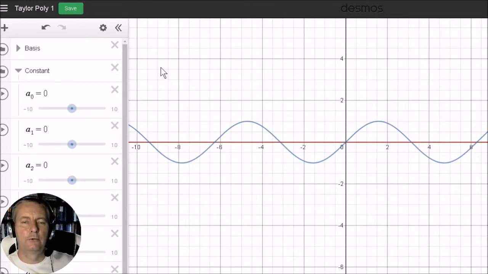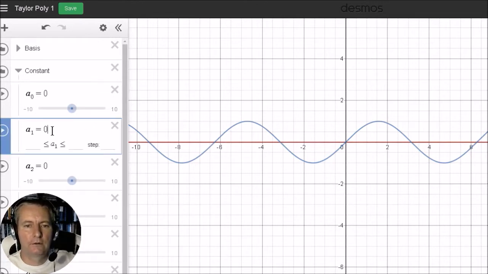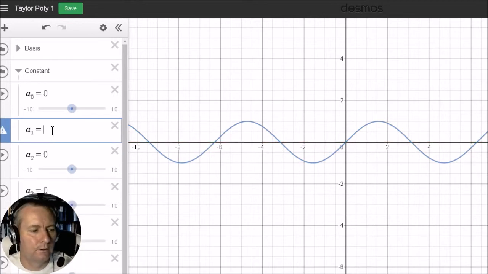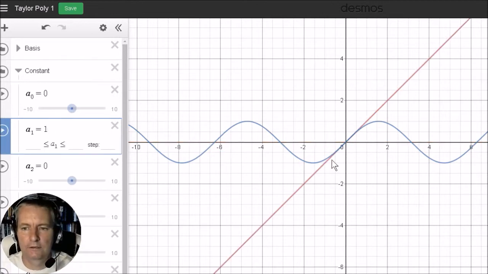So let's start putting our values in for our constant terms. We've seen from the Taylor series expansion for sine x that the first term a0 is going to be 0. The second term a1 will equal 1. So that's our first start on our approximation.